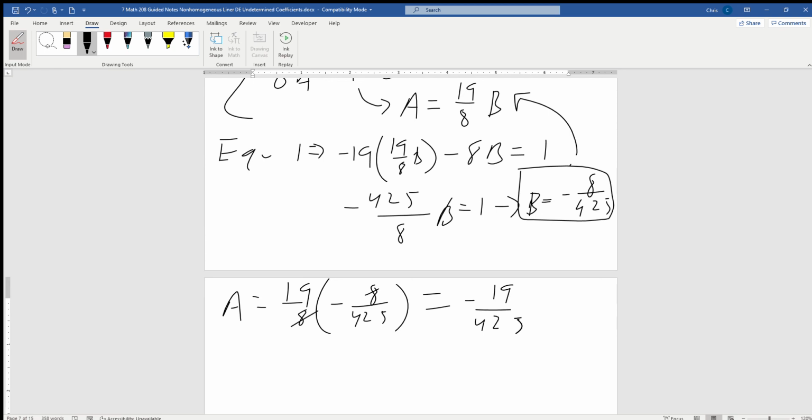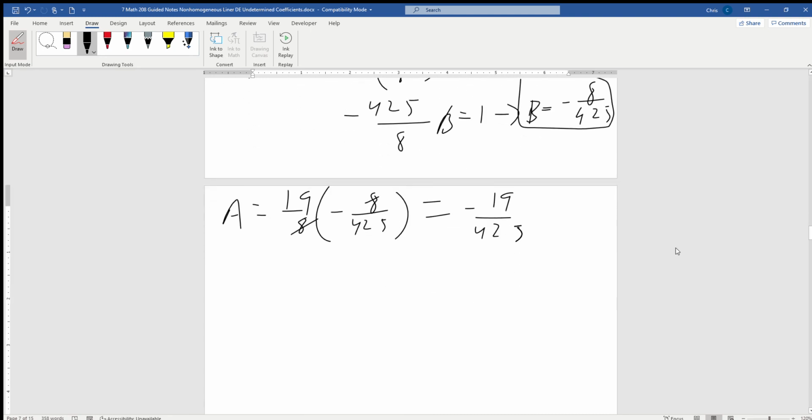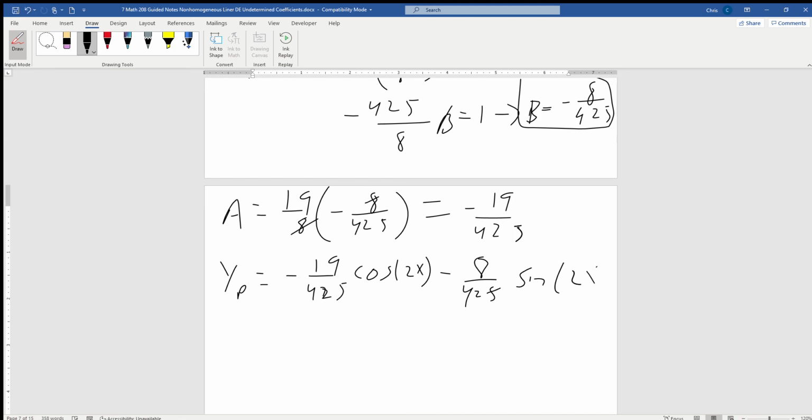Now we know what a and b are, and we can substitute those back in. Let's get y of p first. The particular solution, y of p, is going to be equal to negative 19 over 425 times the cosine of 2x, minus 8 over 425 times the sine of 2x.